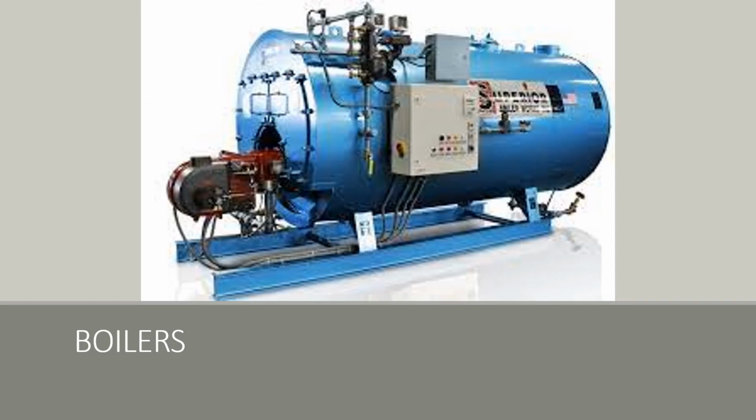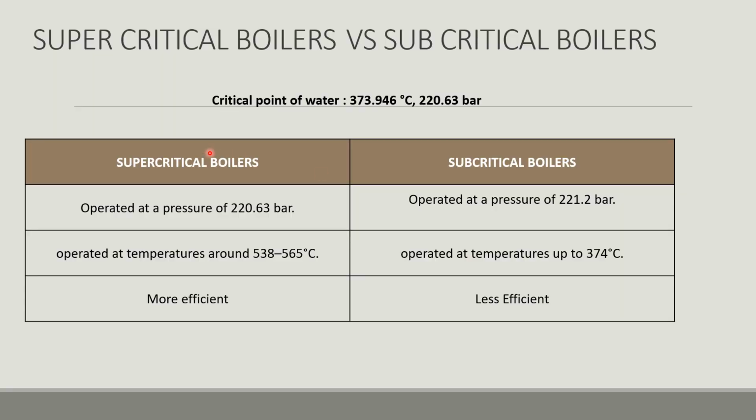So now we'll be discussing the boilers in the power plant. Based on critical point, boilers are of two types: supercritical boilers and subcritical boilers. Critical point of any substance is that point where all three states of matter can coexist: solid, liquid, and gas.